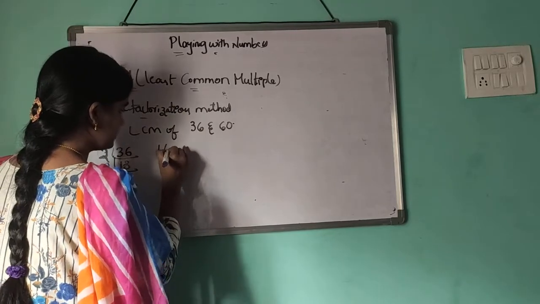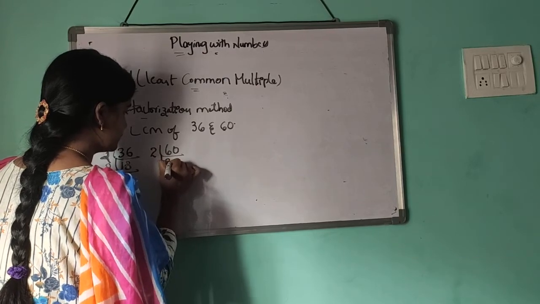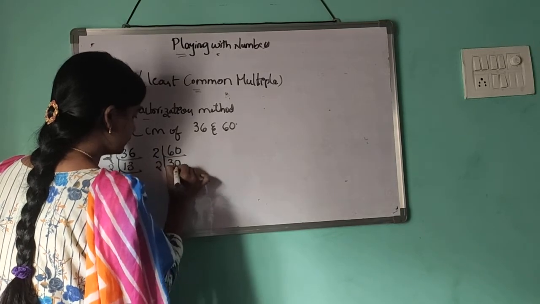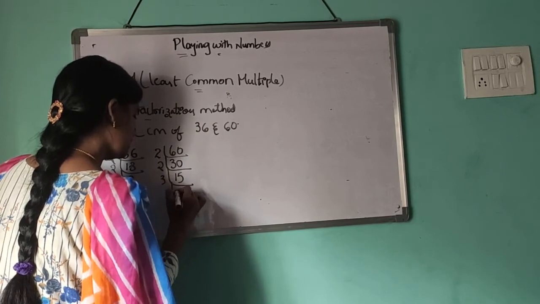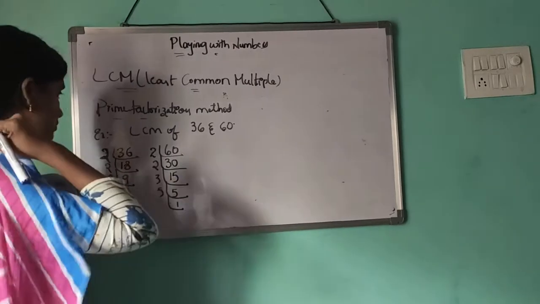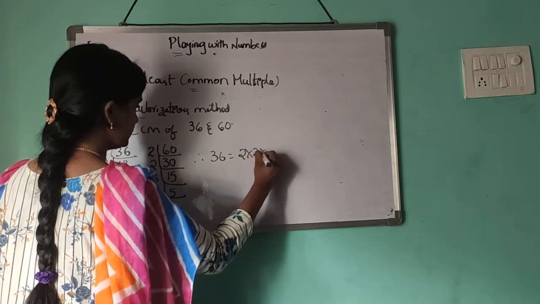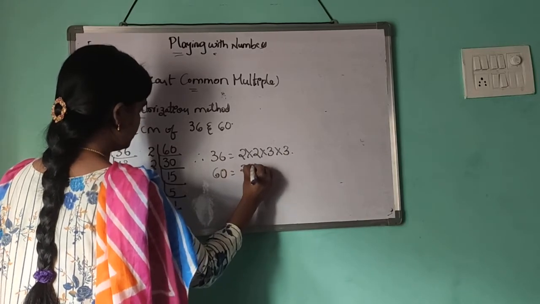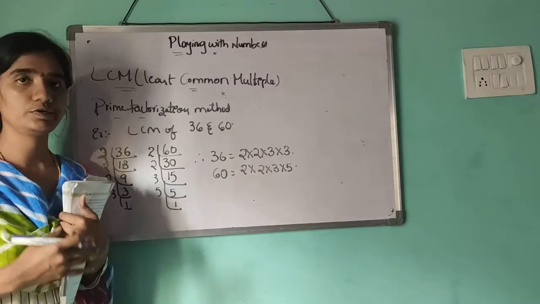Coming to 60, here also the 2 table. 3 twos are 6, 0. 2 ones are 2, 5 twos are 10. 3 table, 5 threes are 15, 5, 1. So the factors of 36 are 2 into 2 into 3 into 3. The factors of 60 are 2 into 2 into 3 into 5.